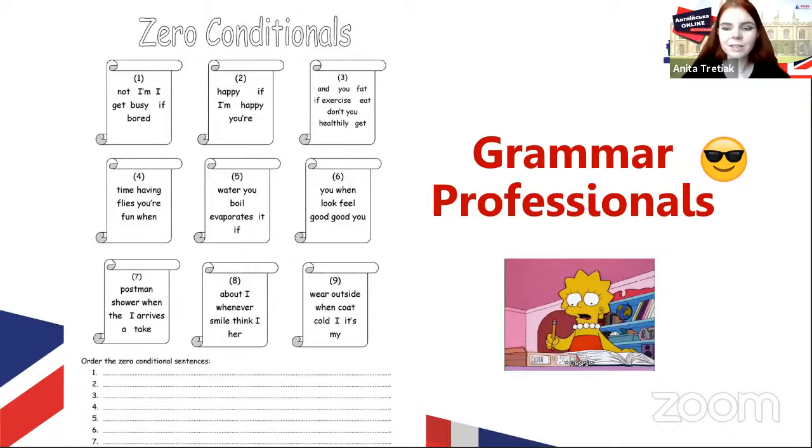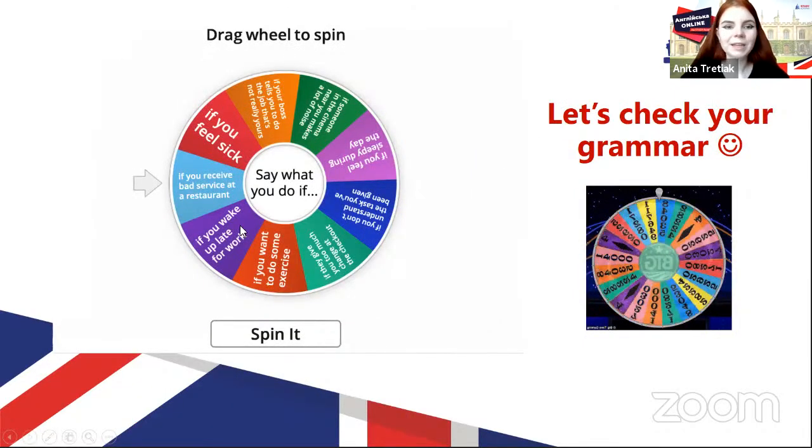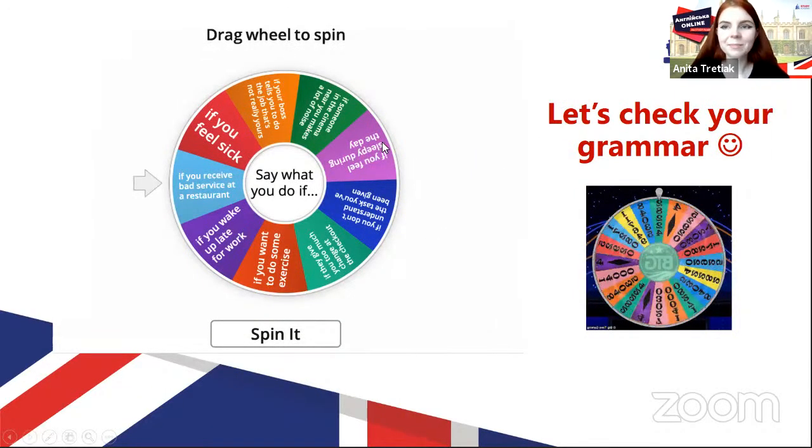So guys, well done. We are ready with this one. Now it's time for us to play a little bit. So we're going to have the game called Spin the Wheel.